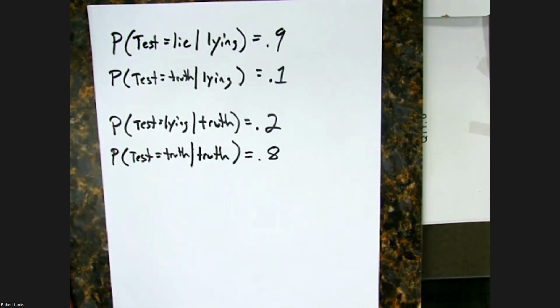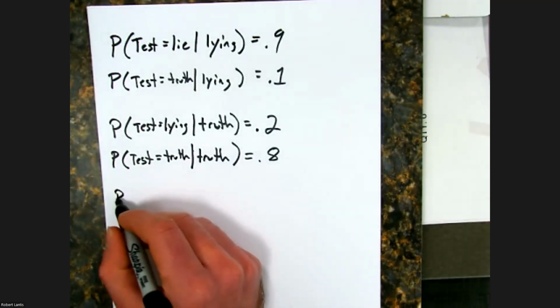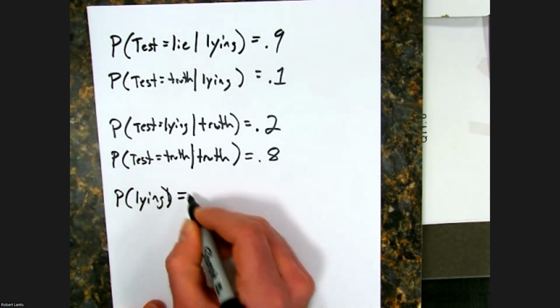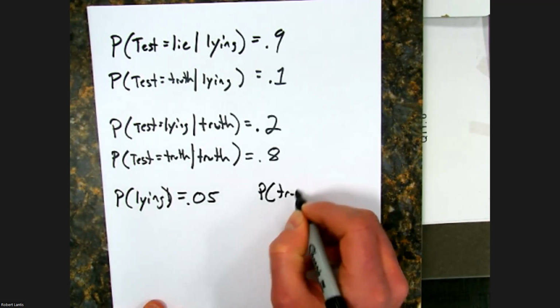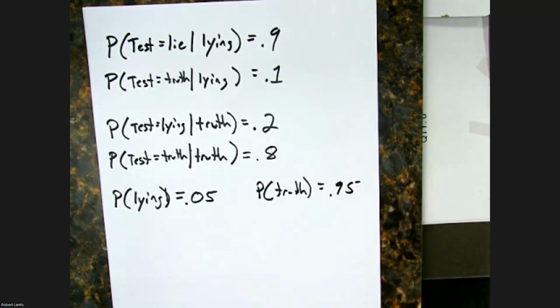And then there's only one other thing I need to know, which is the underlying probability of the state of nature. So I'm told, suppose recent studies have found that on average, people lie about 5% of things. So we'll go with the probability that someone's lying is 0.05, which means they're telling the truth with a probability of 0.95.